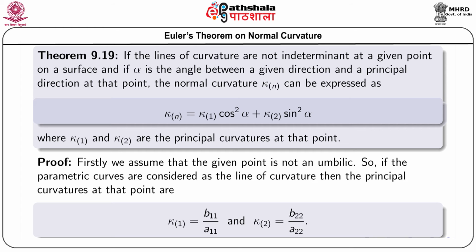In our previous modules, we have learnt that if the parametric curves are the lines of curvature, then along the u1 curves and along the u2 curves we have these expressions, kappa 1 equals B11 by A11 and kappa 2 equals B22 by A22.